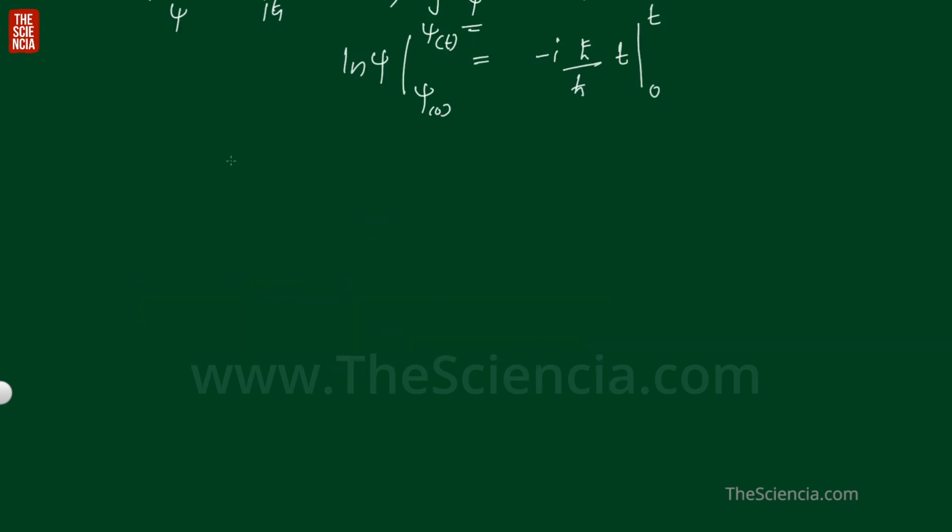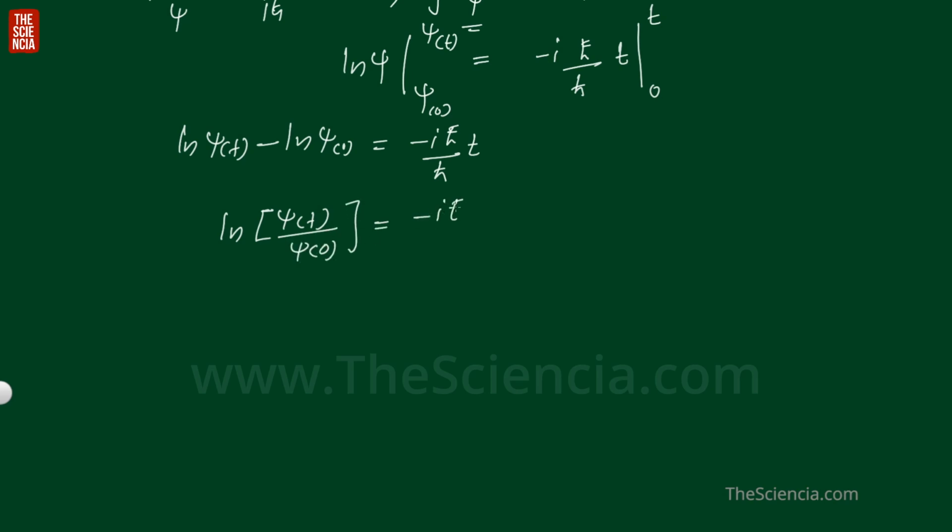Now we can substitute these limits, that is we get log of upper limit, that is ψ of t, minus log of ψ of 0 is equal to minus i E by h cross into upper limit t and lower limit 0, right? Now I am going to do certain mathematical manipulations. I can rewrite this as log of ψ of t divided by ψ of 0, that is equal to minus i E t by h cross.